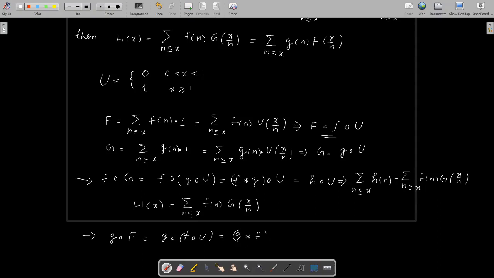We know that g star f and f star g are the same, so that is equal to h convolution u, that implies the same result, sigma n less than or equal to x, h of n equal to sigma n less than or equal to x, g of n, f of x by n.